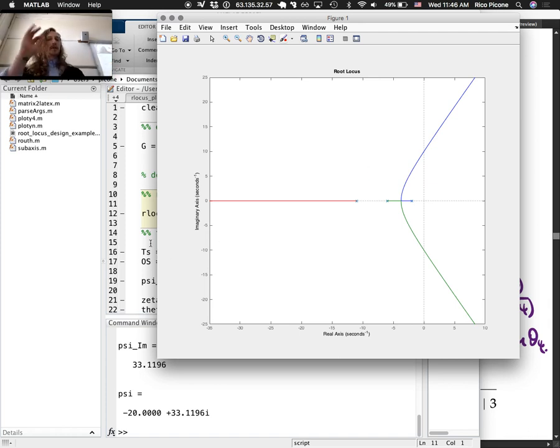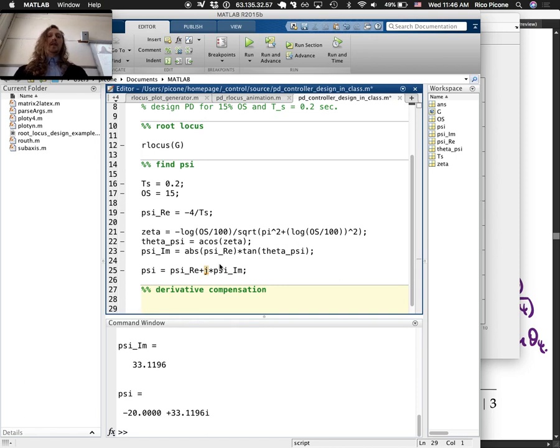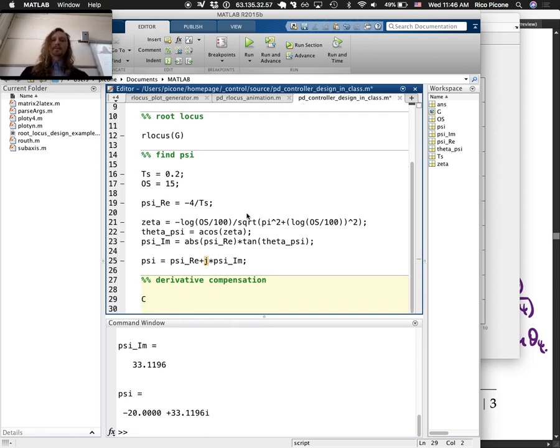So let's just focus for now on doing a derivative compensator.